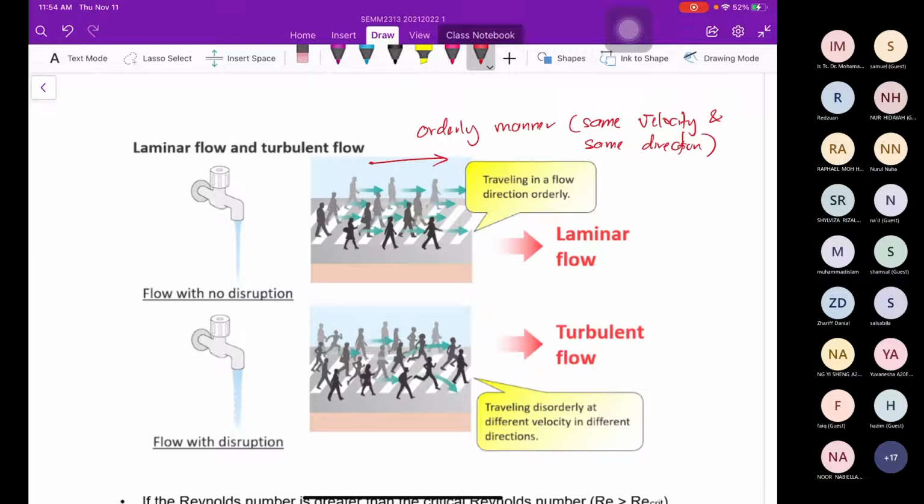Okay, Hairi, do you have any question? Doctor, did you share screen? I shared the screen. Are you able to see the screen? Cannot, Doctor. Others, can you see the screen? Yes, doctor, can see. Okay, can you try to log out and log in again?